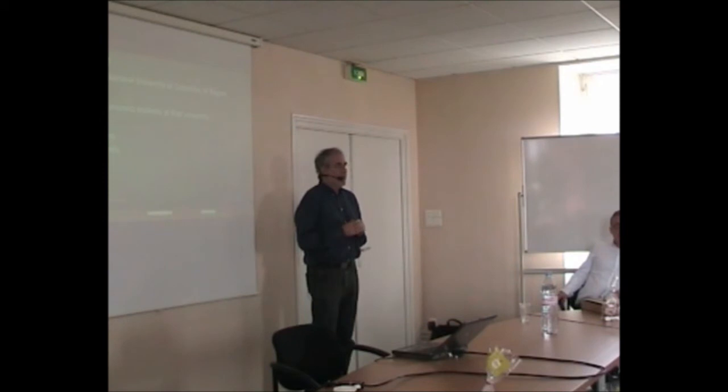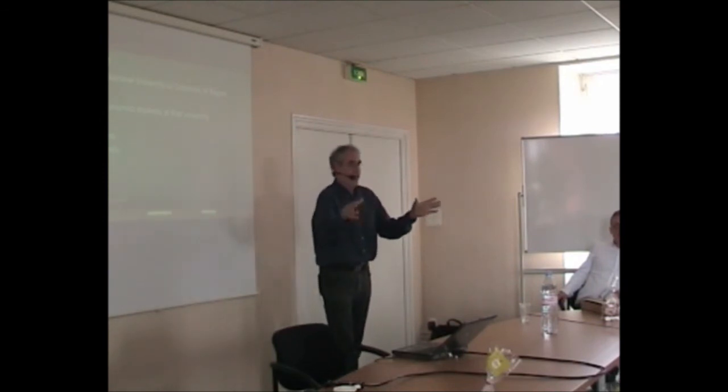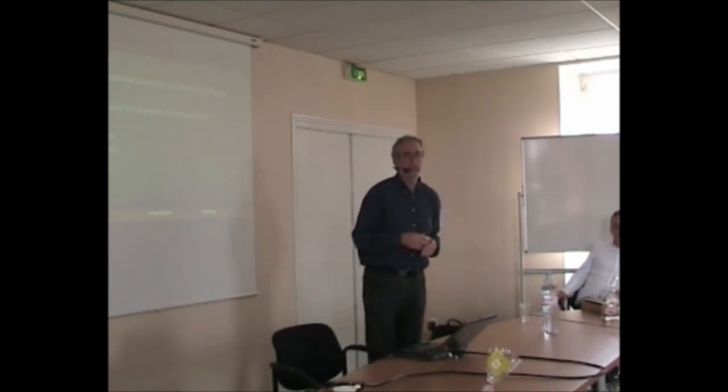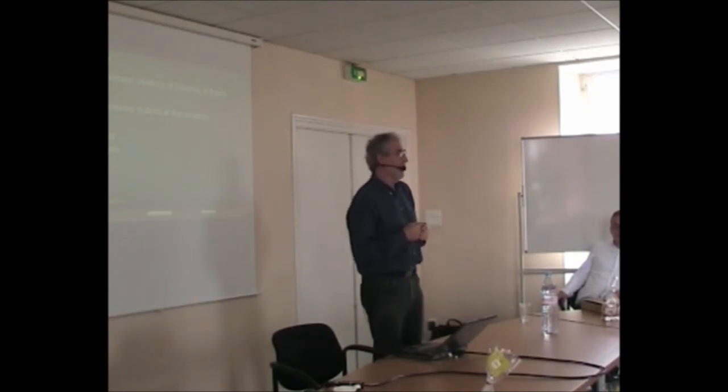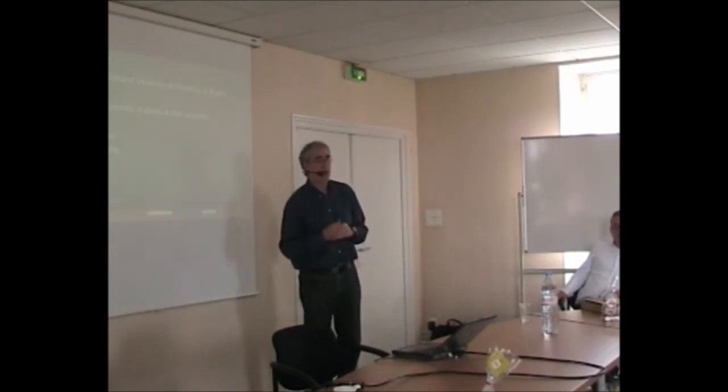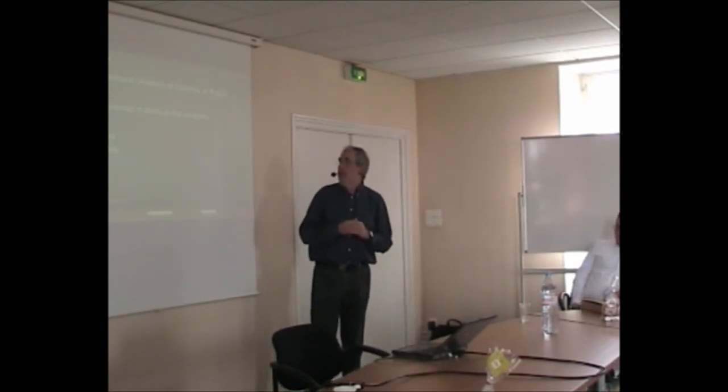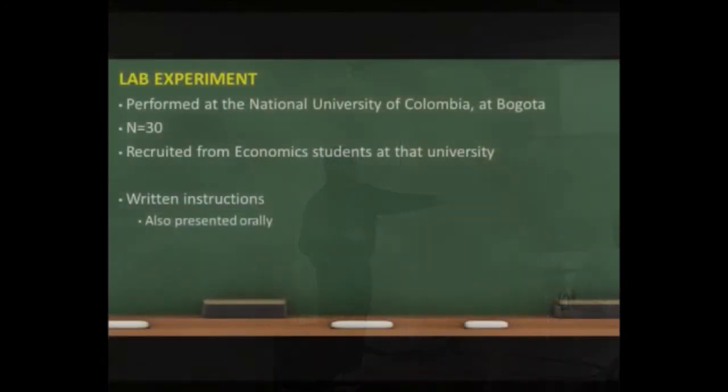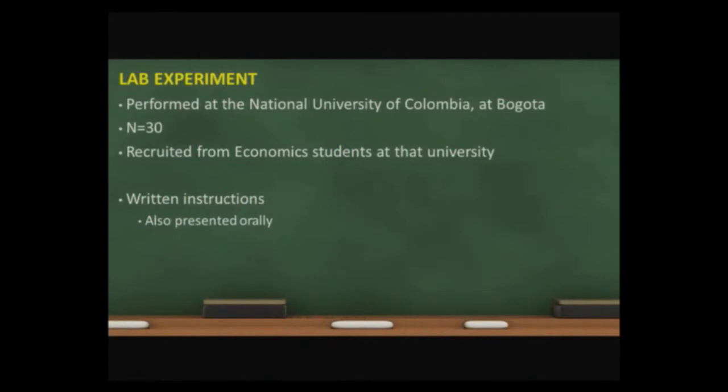So the lab experiment was similar to this one, a room like that, with 30 people. They were students of economics from the National University of Colombia in Bogota. Every student had written instructions, and these instructions were read aloud with a PowerPoint presentation as if I was the one conducting the experiment.